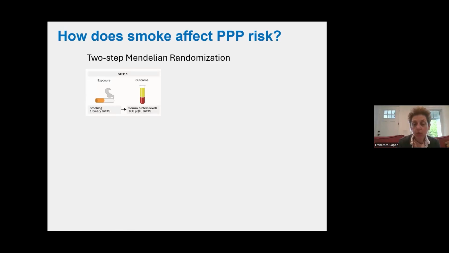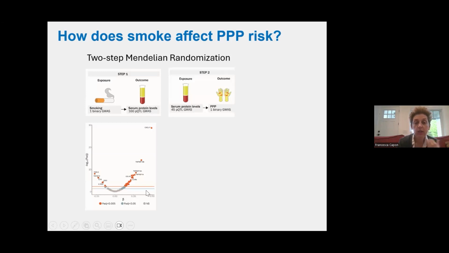And here we used Mendelian randomization to show that cigarette smoking causally influences the blood levels of several inflammatory molecules. And then that one of these inflammatory molecules that are influenced by smoking can causally influence PPP risk.